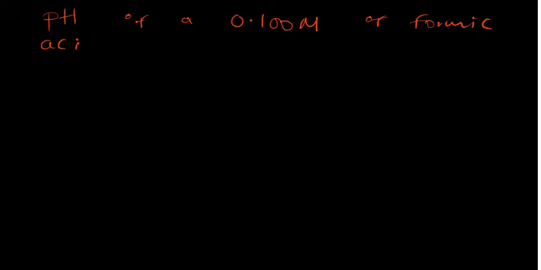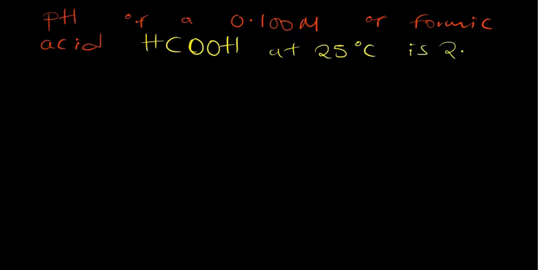So let's take this very example. The pH of a 0.1 molar solution of formic acid, HCOOH, at 25 degrees Celsius is 2.38.